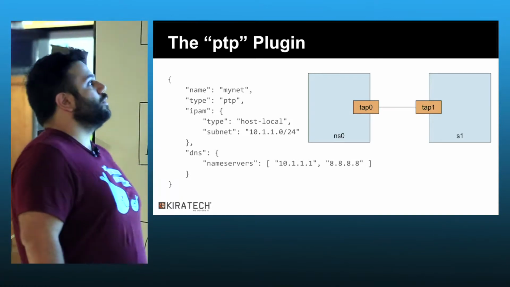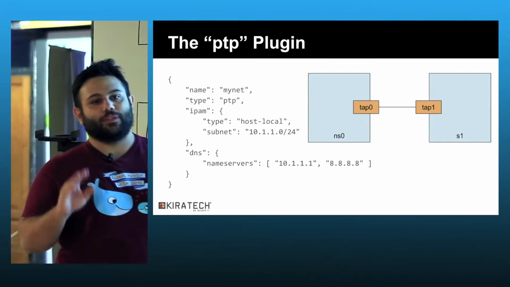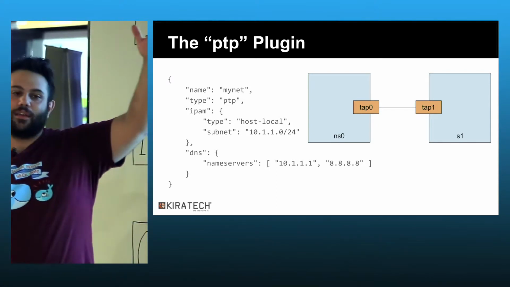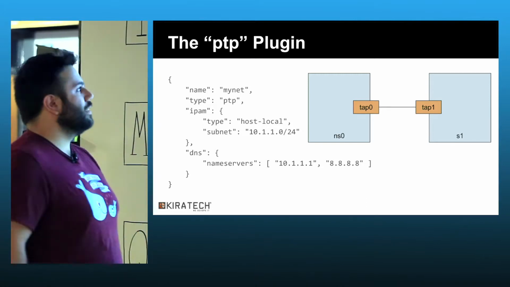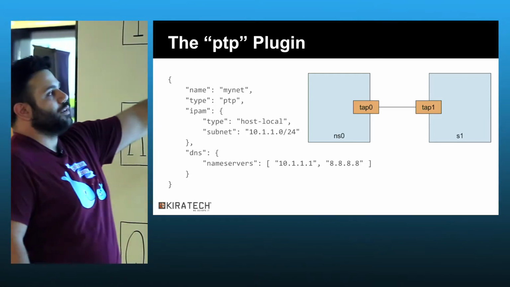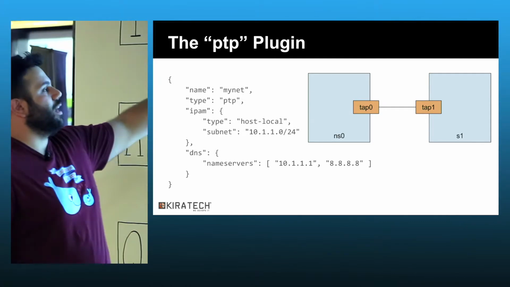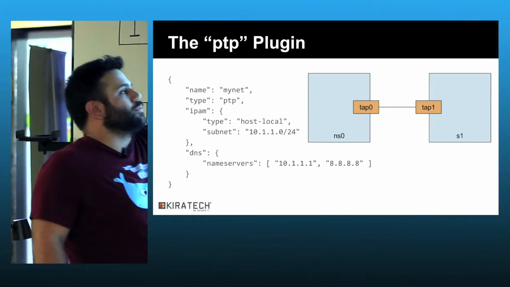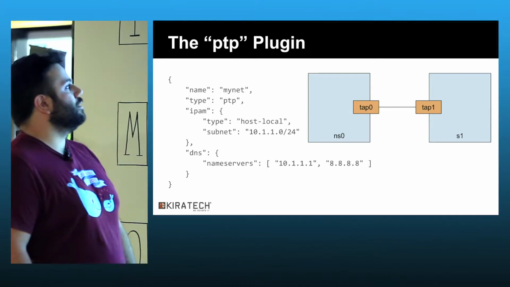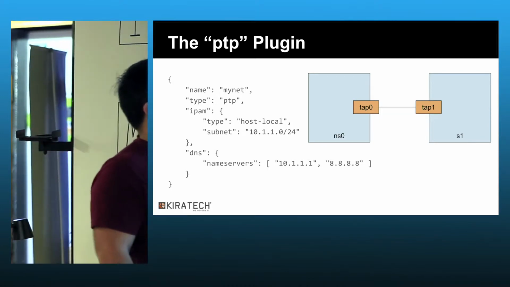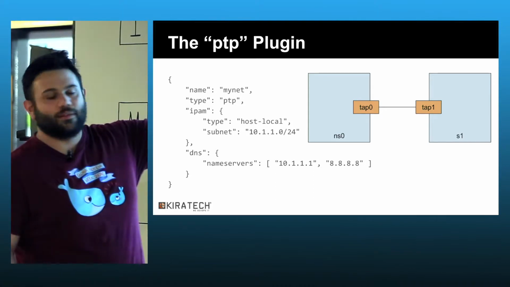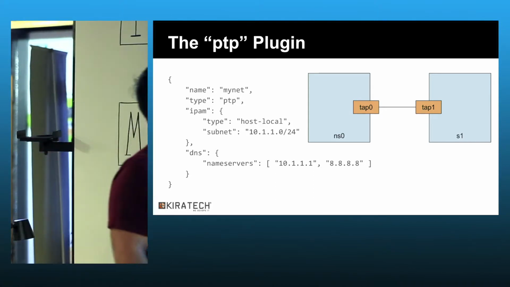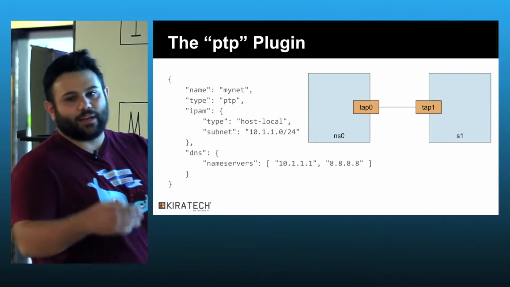So this is how they are configured. It's very simple. You put in a directory, which is /etc/cni and something, I don't remember, I had that in the script, you put that configuration. This configuration says create a network called mynet and use the PTP point-to-point plugin.